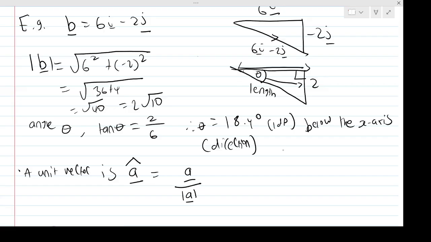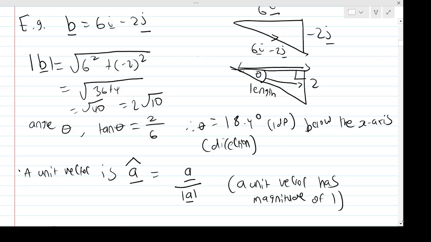And so the idea is a unit vector has magnitude 1 or length 1. So basically, when we're dividing a vector by its magnitude, we just get a magnitude of 1, okay?